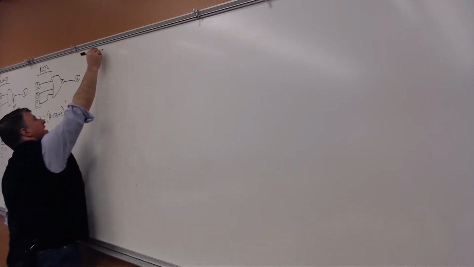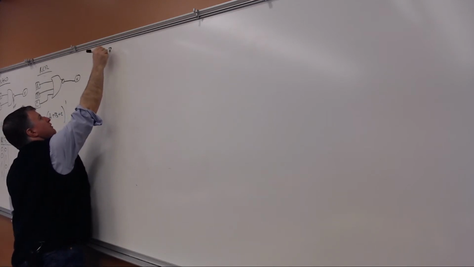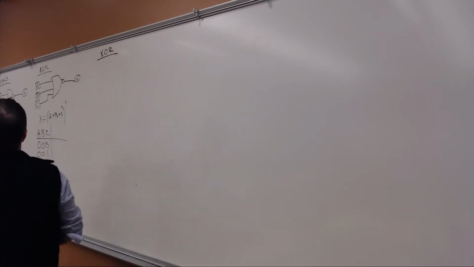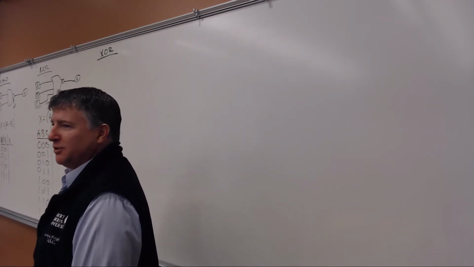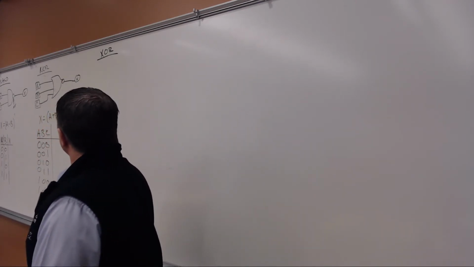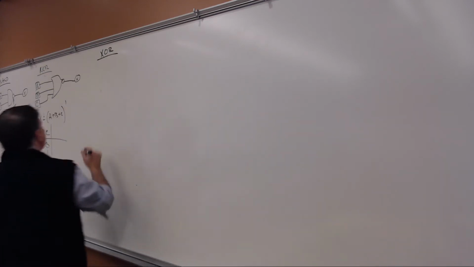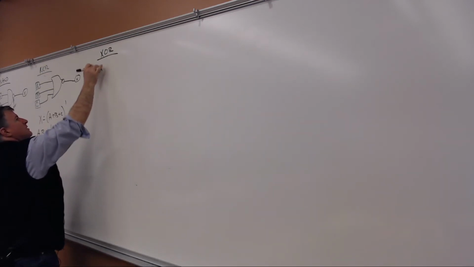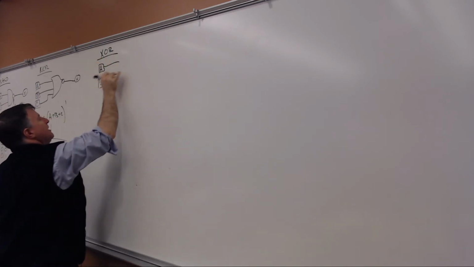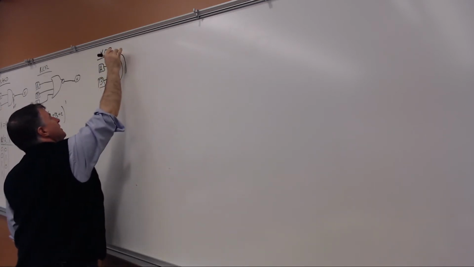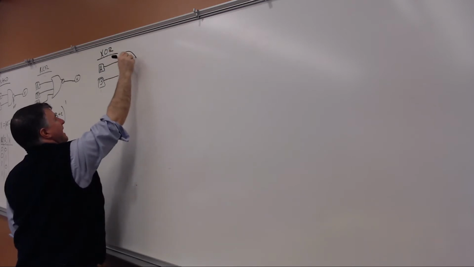And then the last gate that we have is called an exclusive OR. Some people want to call it a XOR gate. It's called an exclusive OR gate because that's what it is. An exclusive OR gate looks like this. I got an A and a B. It's going to come into something that looks like an OR except there's an extra line.